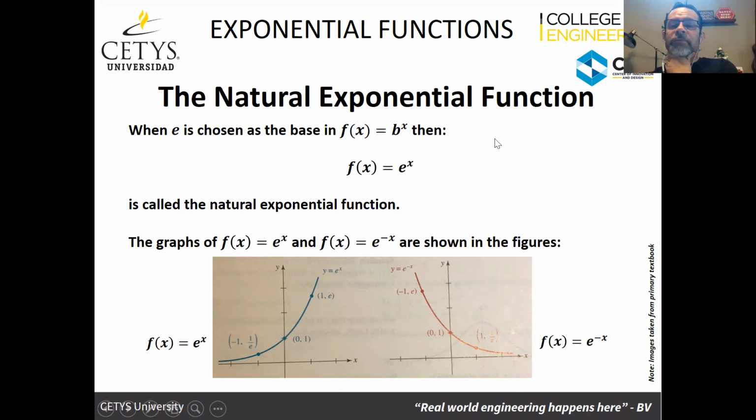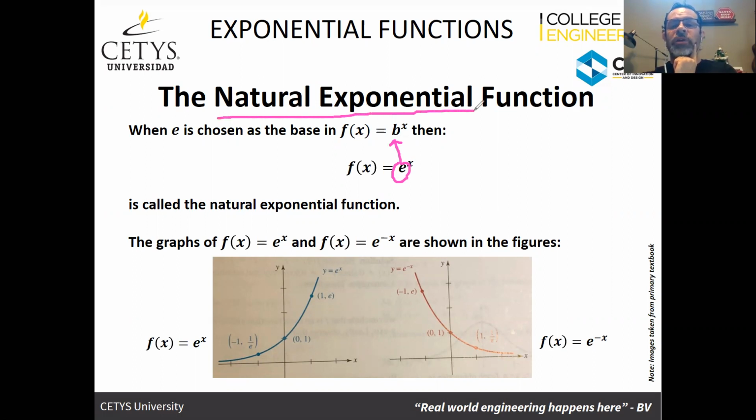And so for an exponential function, when we choose e as the base, then the exponential function turns into what we call the natural exponential function. The graph of this function is exactly the same as the graph for an exponential function, and the only difference is that there are certain points of reference.